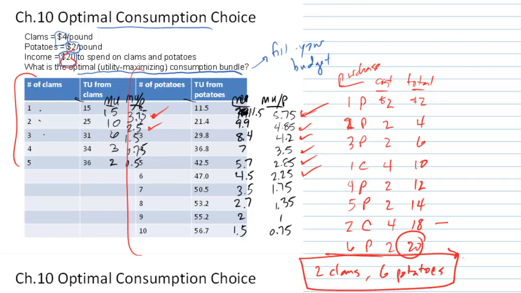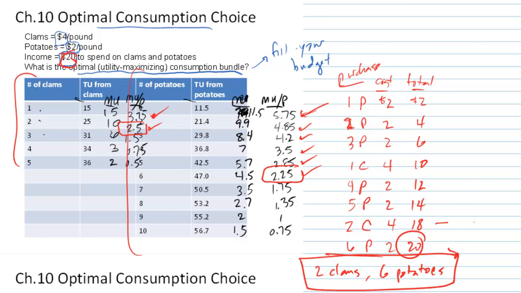The other thing is that we can use this to illustrate the rule for the utility maximizing bundle. Notice it wasn't a coincidence that where we ended up had a very similar marginal utility per dollar. Not exactly the same, sometimes it will be, but not always. Any other consumption bundle that would fit our income constraint of $20 would give us a larger difference in marginal utility per dollar than this consumption bundle does.